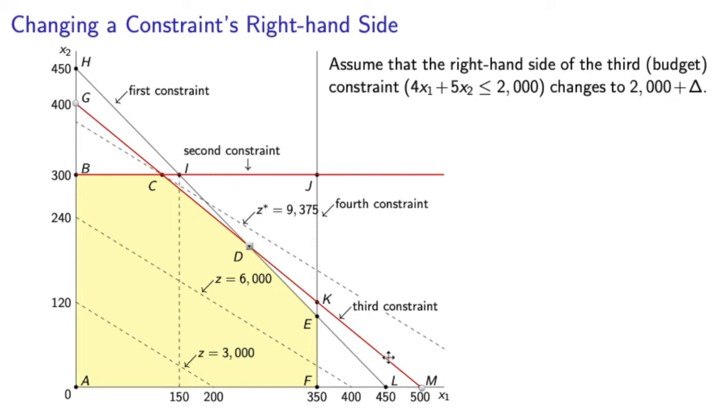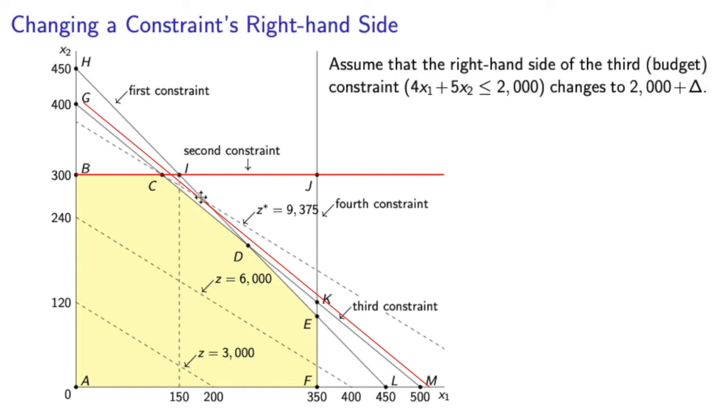So let's say if I keep increasing the right-hand side of the constraint, then the line is moving this way, and the point C, the intersection of the second and the third constraint, is going to move to the right towards the point I. Okay, and what determines whether this point C is still optimal? So let's say if I make this move right here, so slightly to the right in the direction of I, will the new point C be optimal?